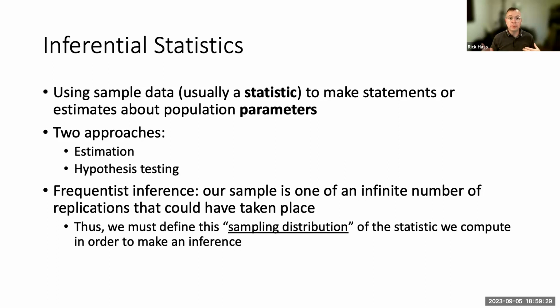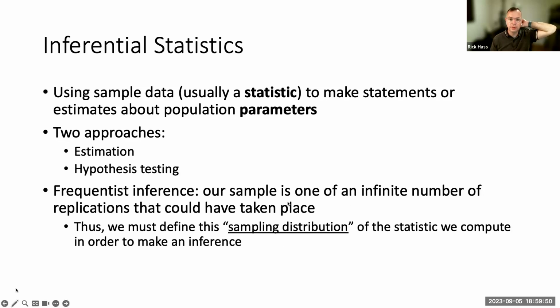a 3-pound difference between drug A and drug B that are supposed to be related to weight loss, right? We're going to be interested in asking probability questions about our statistics. And so we have to define the probability distribution of the sample mean or a regression coefficient, and so on and so forth.